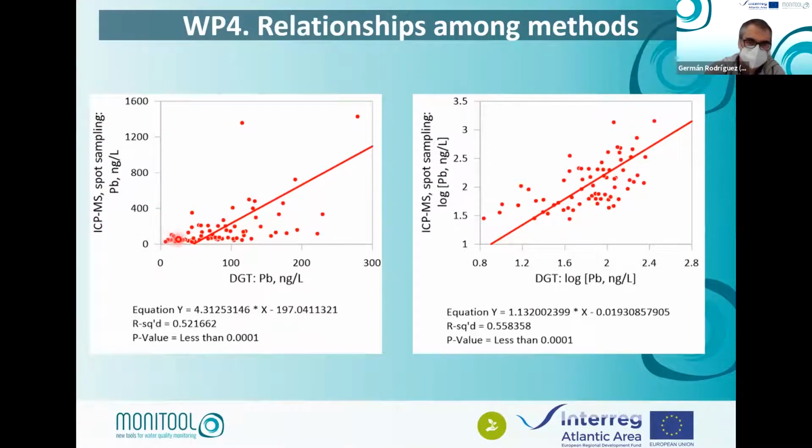It's like a horizontal distribution of data. After that, we can see that there is a weak relationship. And in the case of log-transformed data, it adjusts better to a linear way, but we also have quite a lot of scattering between both methods.